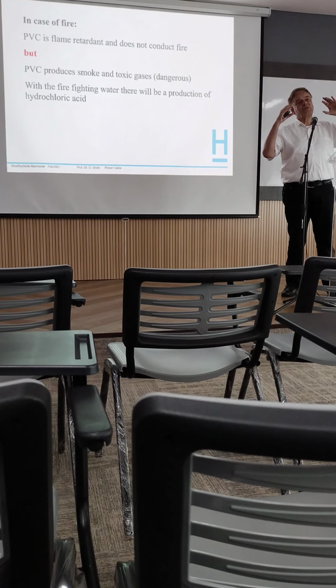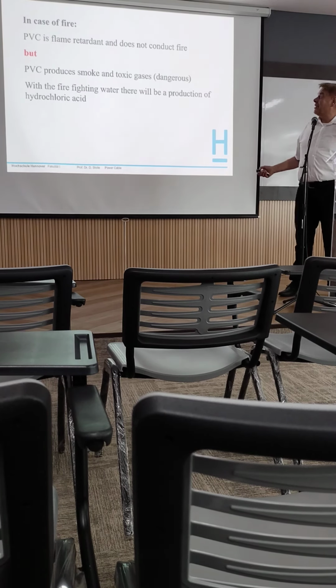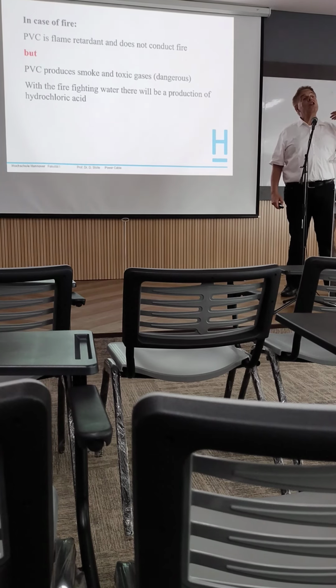I wanted to convince them not to use PVC, but they said, no, we want PVC, we want PVC. Okay, they got it. I wanted to convince them because in case of fire, PVC produces smoke and toxic gases, and really a lot. So in case of fire, you have smoke and you cannot find the accident.